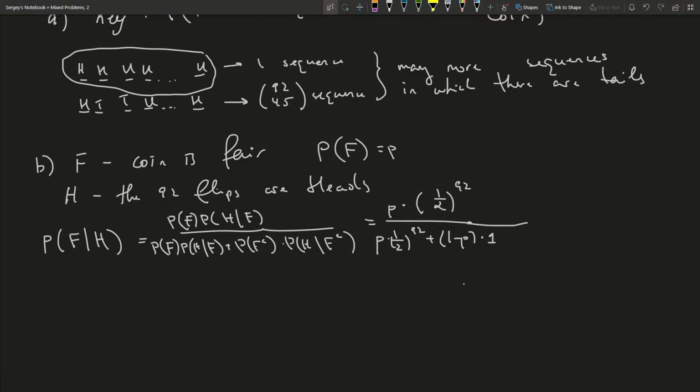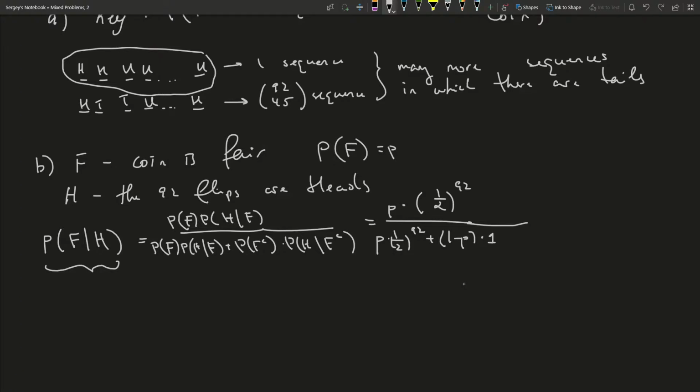So now what we try to understand is whether this posterior probability is small. If we've observed 92 heads, does that make the chance of the coin being fair small?